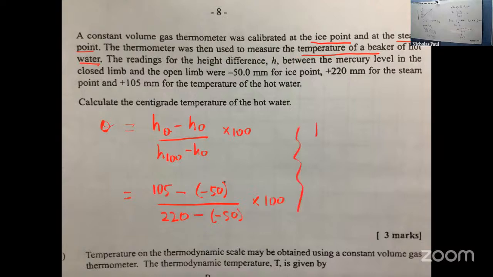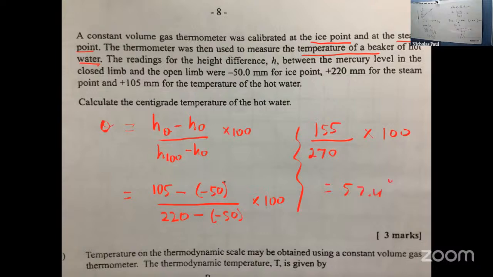So this is 155 divided by 270, times 100. Remember it's minus 50, yeah? Right, I got 57.4.